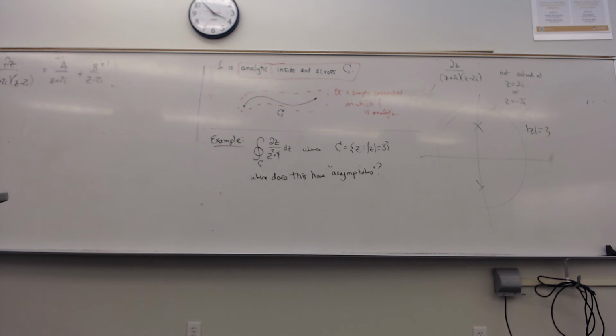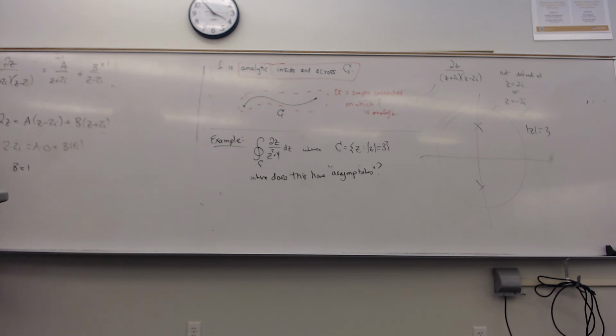There, I did it. Or I could say, another way of doing this is 2z is equal to a times z minus 2i plus b times z plus 2i, and then just choose good values of z to cancel terms out, right? The same trick works here. So if you plug in z is equal to 2i, you end up with 2 times 2i is equal to a times 0 plus b times 4i, and so b is equal to 1.